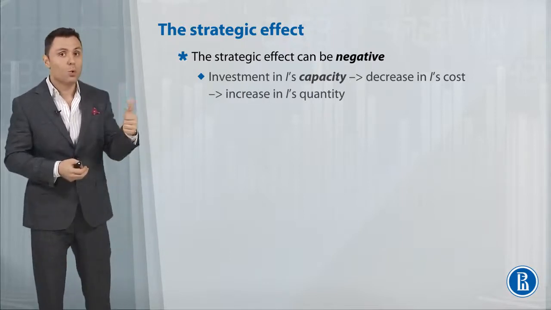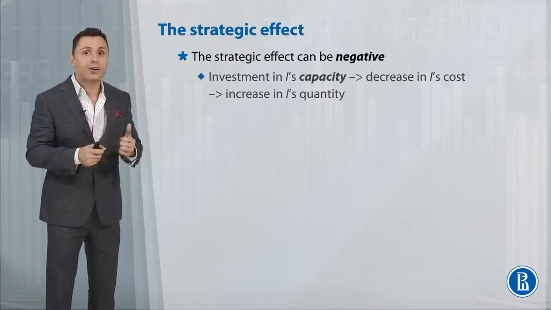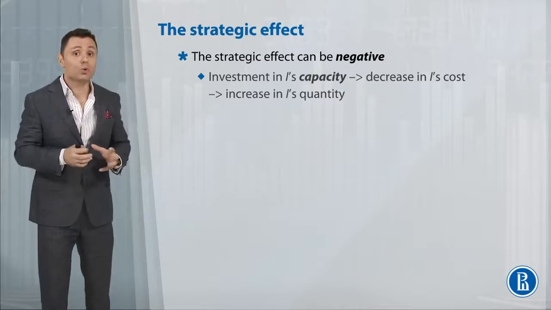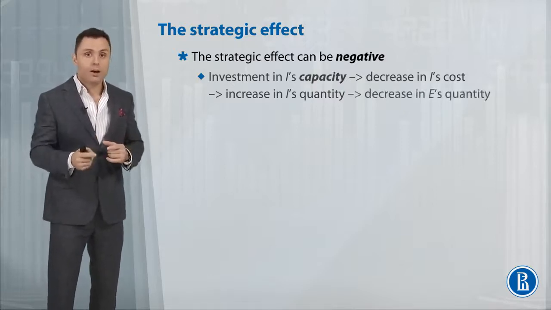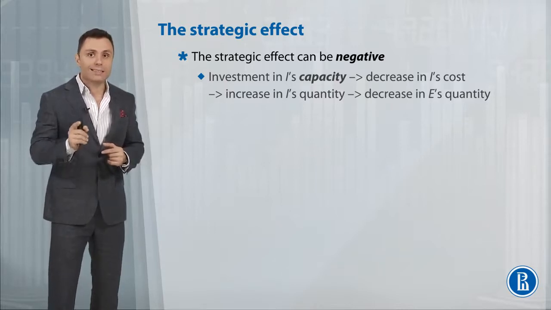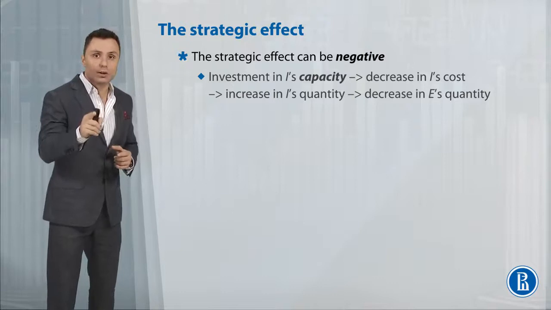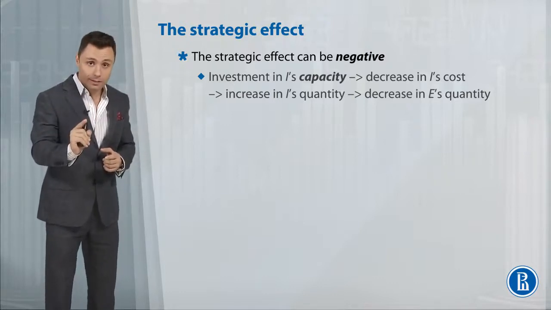If you produce higher quantity, we have already seen that quantities are related inversely. Okay, so you will have a decrease in the quantity of E. Observe here that K is capacity in this particular example, and X is quantity.